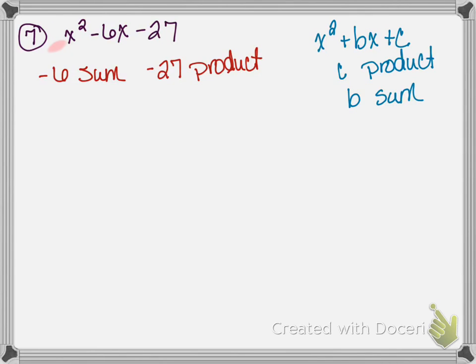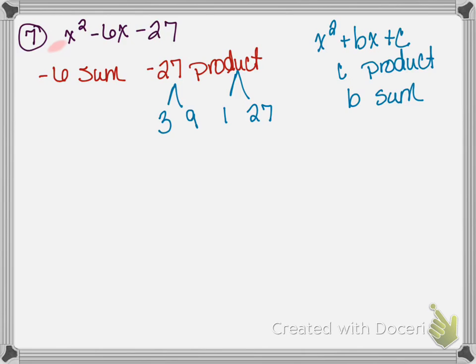So what I do is I start looking at my product. Negative 27. Okay? There's not a lot. I've got 3 and I've got 9. I've got 1 and 27, and that's it. Now, I have a negative product, and a negative sum.